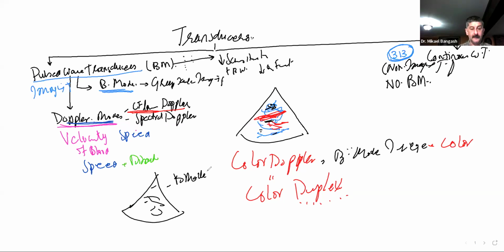But that B mode image can also be accompanied by this graphic display here, which we may just call the spectrum.